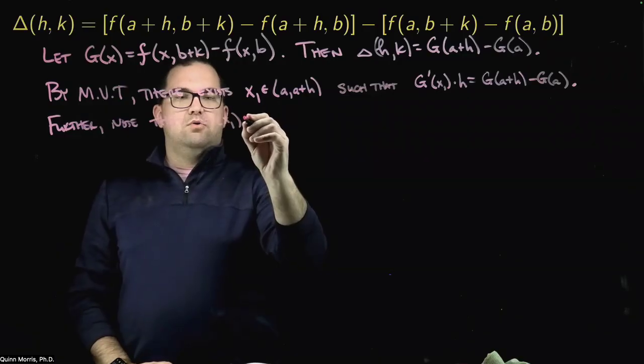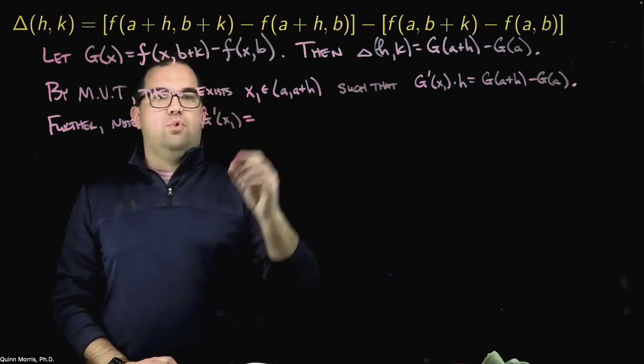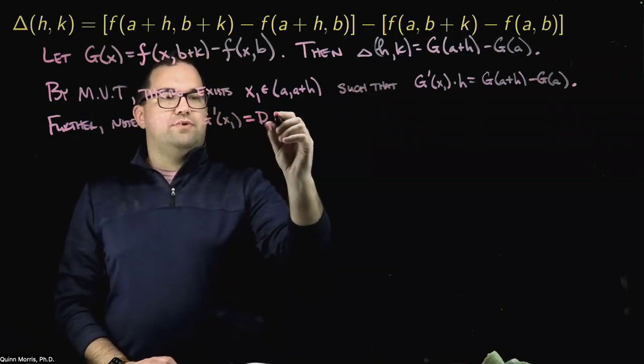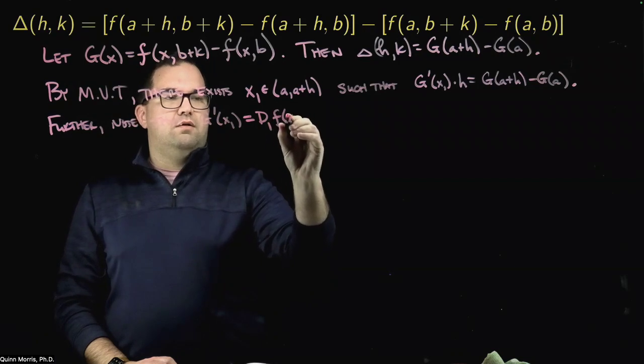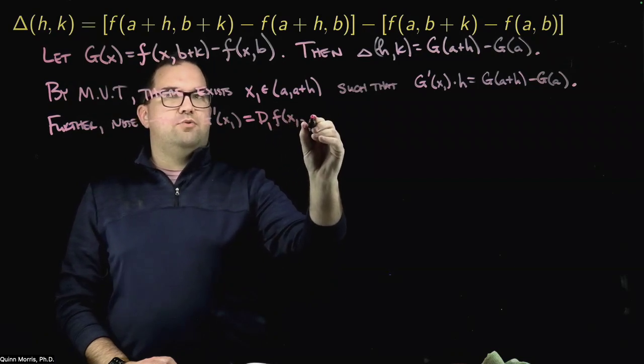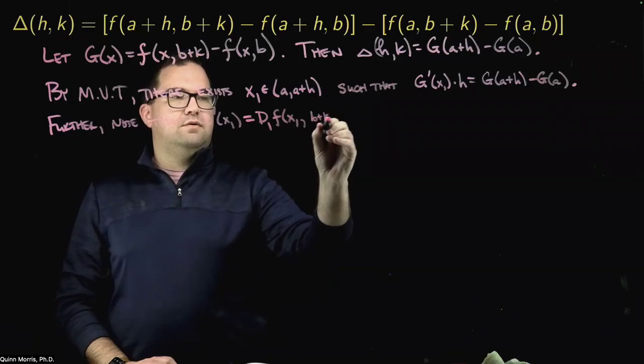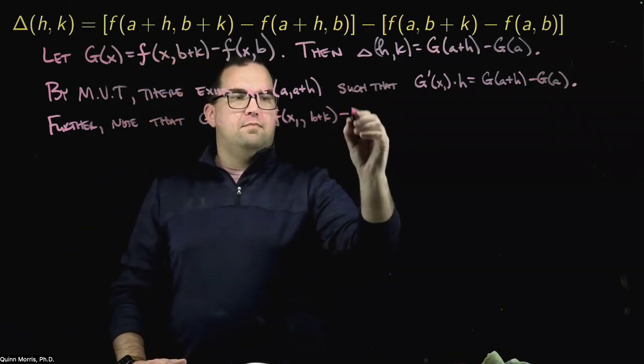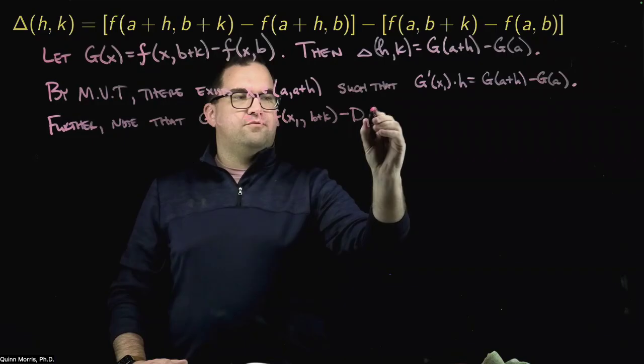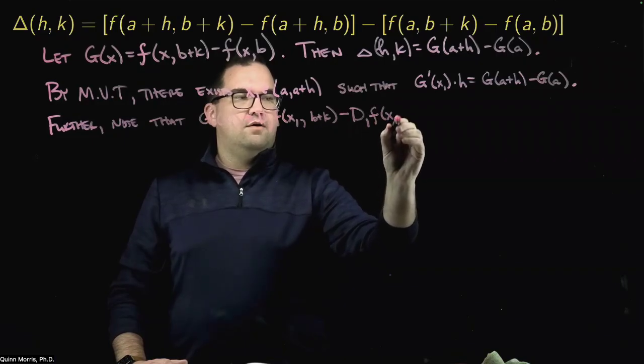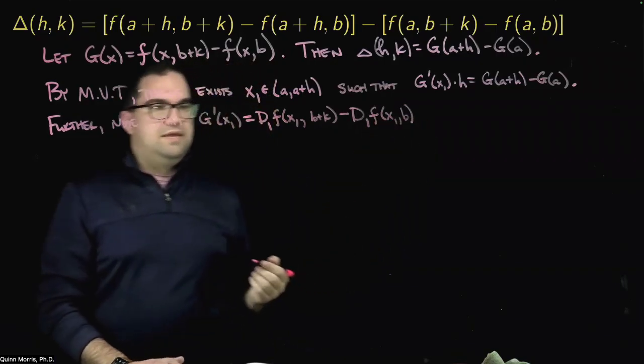Okay, so g prime of x1 is the partial derivative with respect to the first variable of f evaluated at x1, b plus k, minus the partial derivative with respect to the first variable of f evaluated at x1, b.